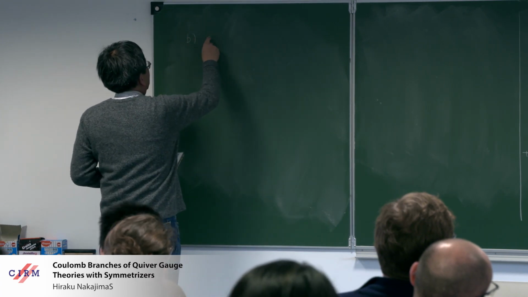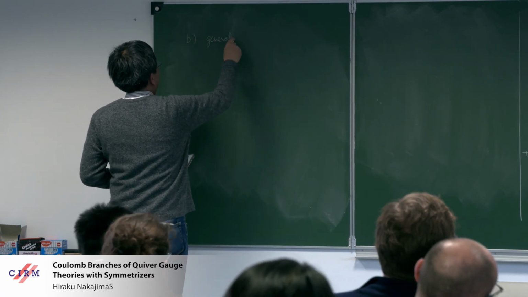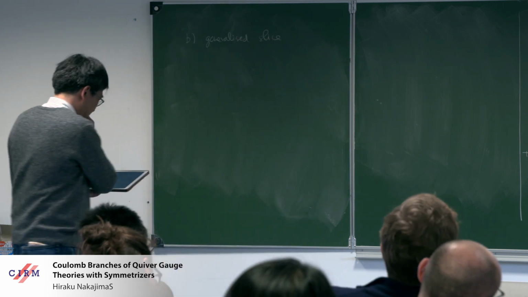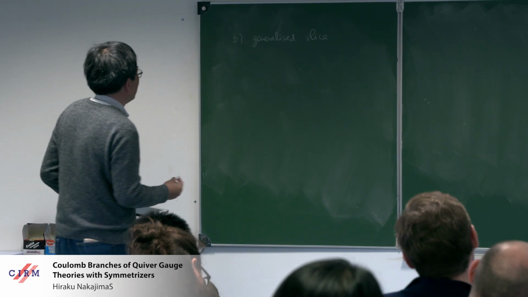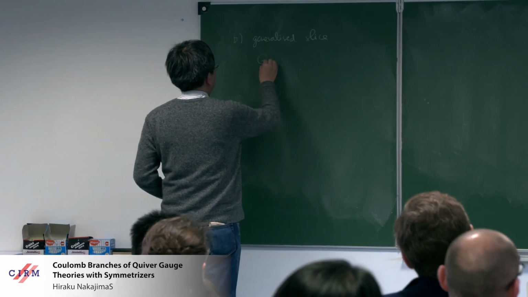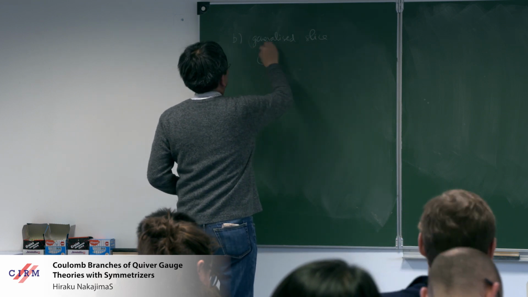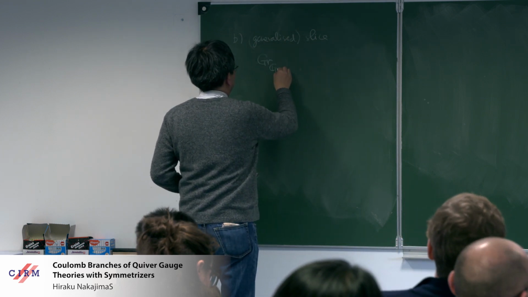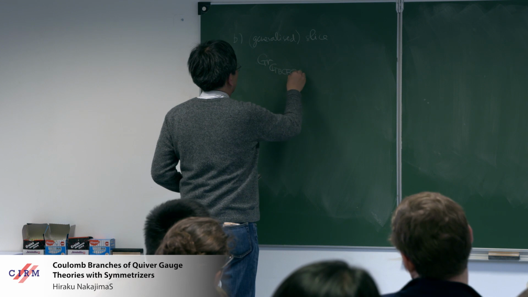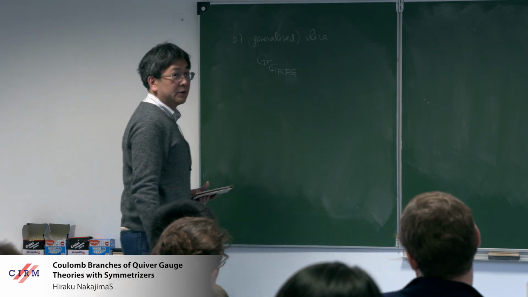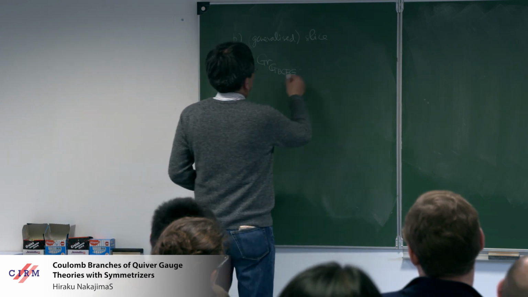So B is generalized slice, which I already mentioned. If you don't know what it is, maybe I don't explain what a generalized slice is, I just explain what the usual slice is. You consider the affine Grassmannian for the group corresponding to BCFG, of adjoint type. This is an infinite dimensional variety.